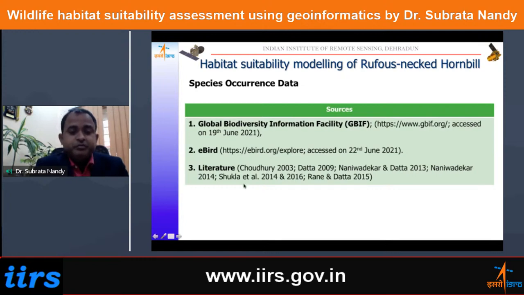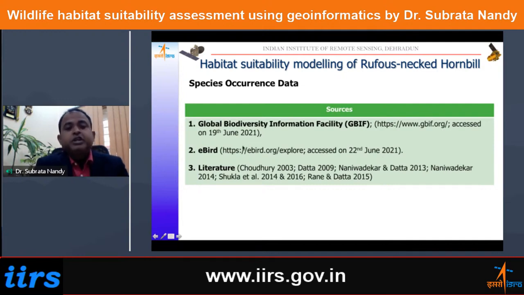Some of the presence point locations mentioned in the literature were also considered in the study. You can see here we accessed this site on 19th June. We should mention when it was accessed, because after that there may be additions to the data. This was also accessed in June 2021.